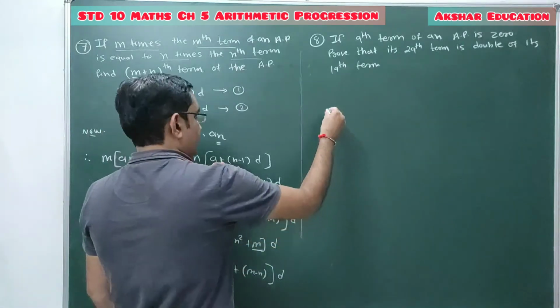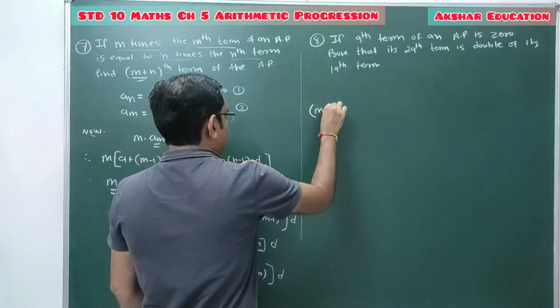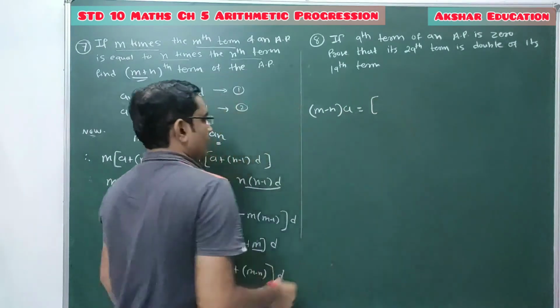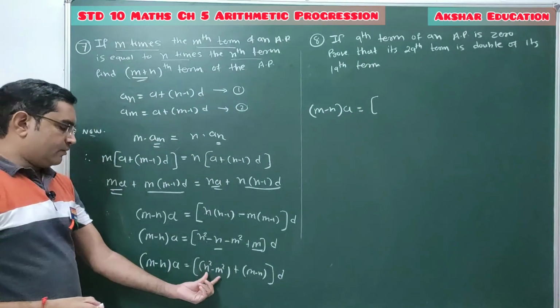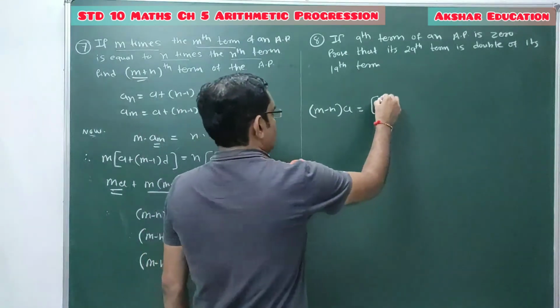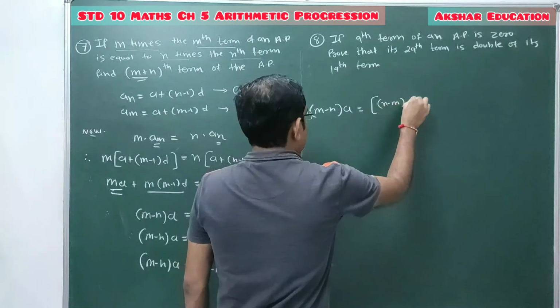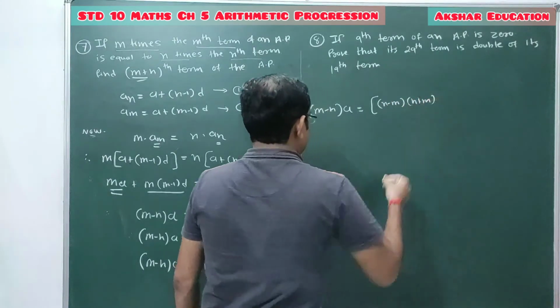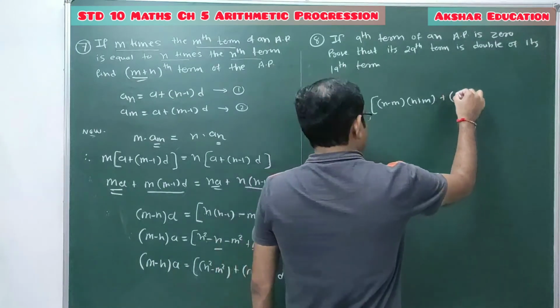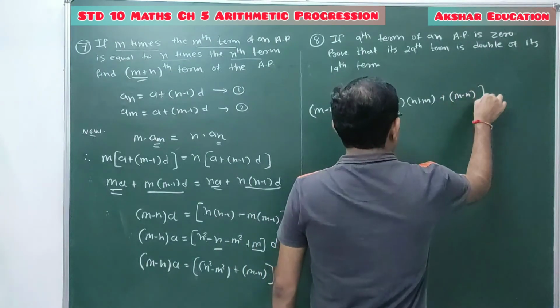It's (m minus n) into a equal to, now here n square minus m square, factorization (n minus m)(n plus m). So it's a (n minus m)(n plus m) plus (m minus n) into d.